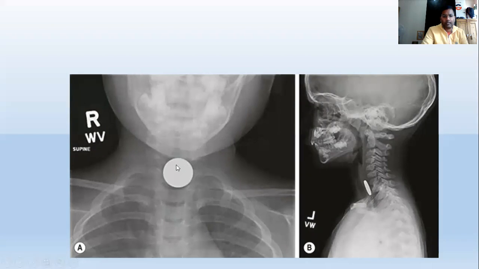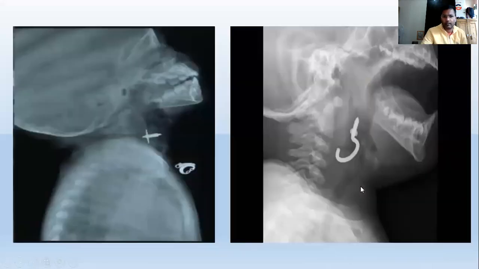If somebody has any locket, that's why before radiography all metallic objects should be removed. You can see this is a metallic object, a clear opacity, and there is a coin. The patient may have ingested some other objects.